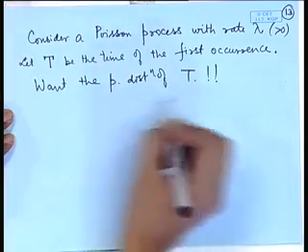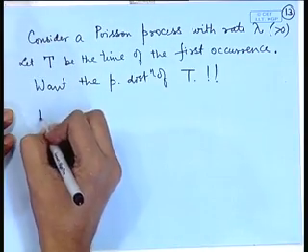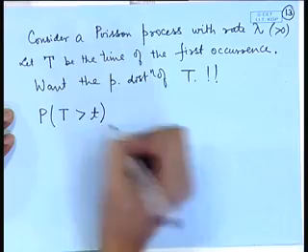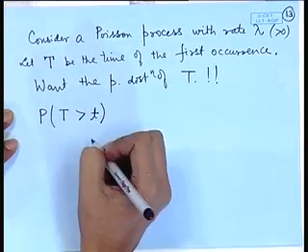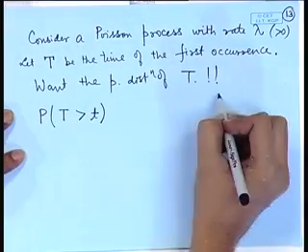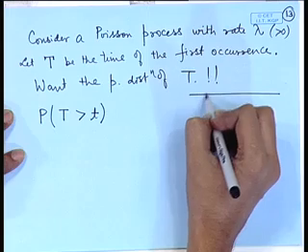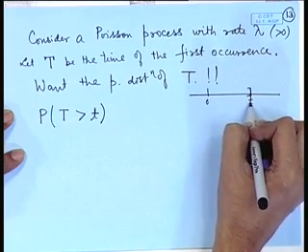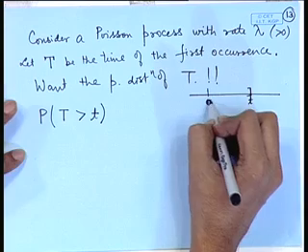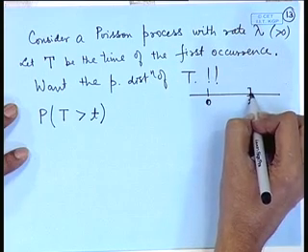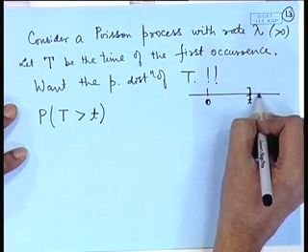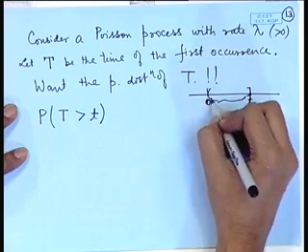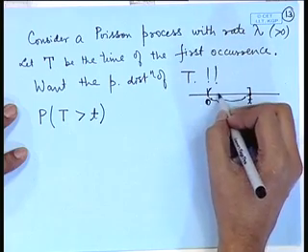So, we can look at an event, say probability T greater than small t. What does it mean? That means, if we are observing the process from time 0 up to time small t, that event has not taken place. That means, in the interval 0 to t, the number of occurrences is 0.